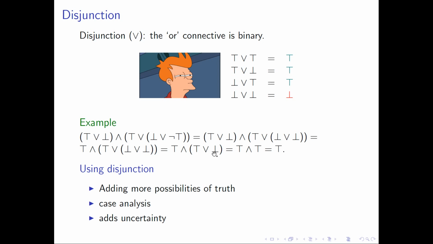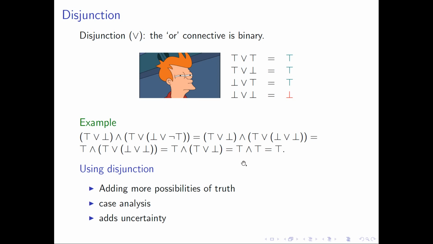True or false here can be replaced with true, and now true and true. So that goes back to our conjunction, and that turns out to be true. We've got both. So this complicated expression, looking at what the values have to be, ends up equal to true.